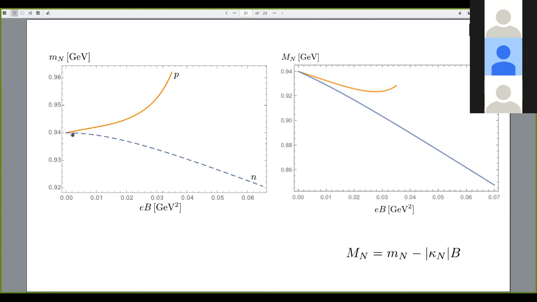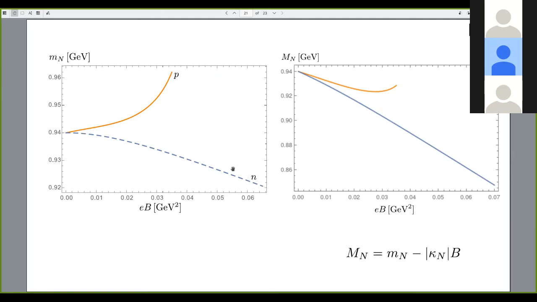And this is the main difference between our works and the others. So the difference about protons and neutrons, most of works considered equal behavior. So now we have a split in the behavior, and in fact we can see that the mass of the proton grows and the neutron's decreases with the magnetic field.